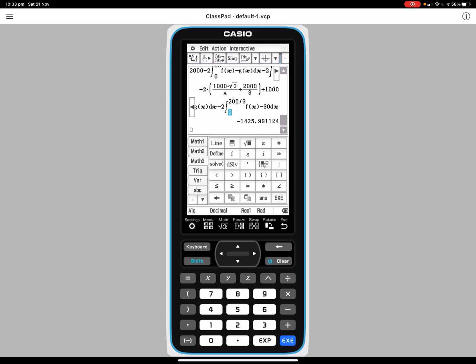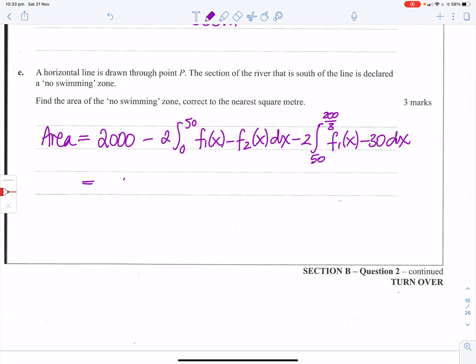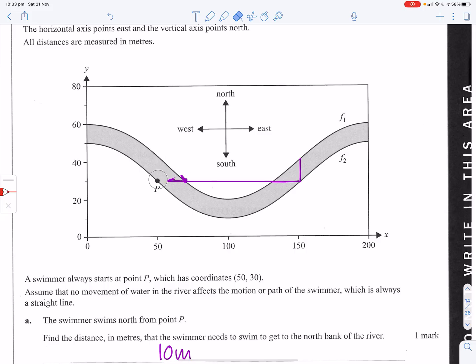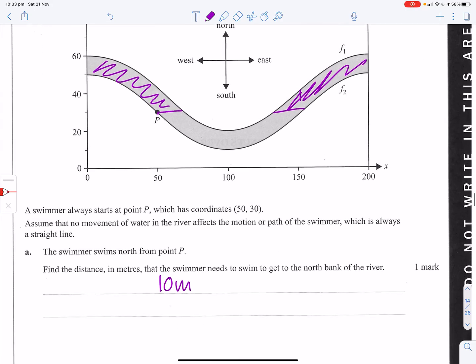That shouldn't be 0, that should be 50. That looks like it might be better. So 837.25. Nearest square metre, 837 metres squared. So all we did, we know the full area is 2,000. We just found this area here, and then we doubled it. Which hopefully makes sense.